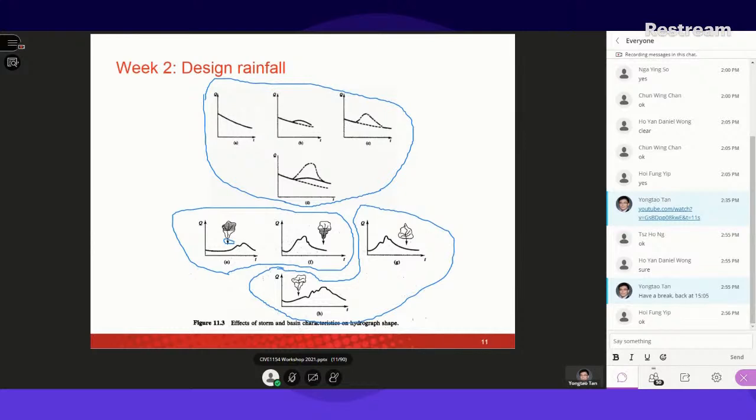You can see that the shape of the basin is different. Because the shape of the basin influences the time for the water to travel from the remote part of the catchment to the outlet, the occurrence of the peak and also the shape of the hydrograph will be affected by the basin shape.